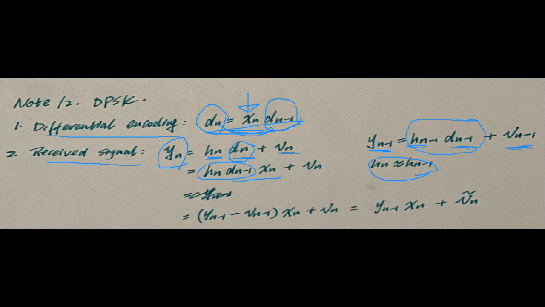So basically, we can replace this by the previous received signal minus the previous noise. What we have is that the current received signal is the data signal, and the reference is just a delayed version of the previous received signal. Then we are left with an equivalent noise term. So the reference is our own delayed received signal. We do not need a separately locally generated signal anymore.